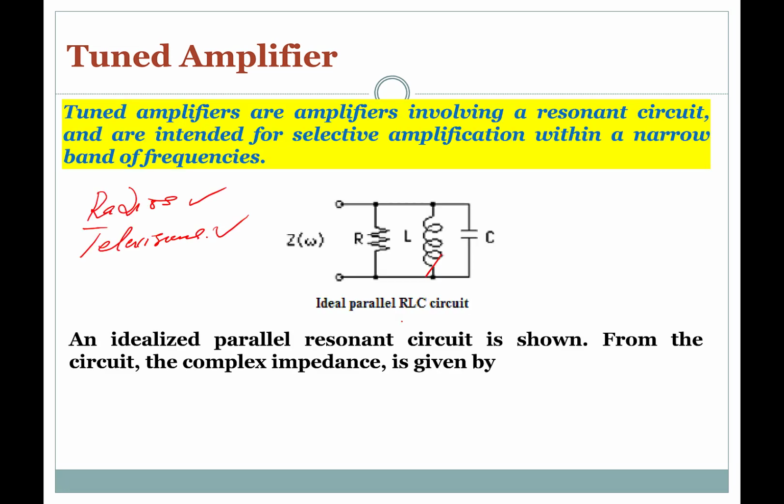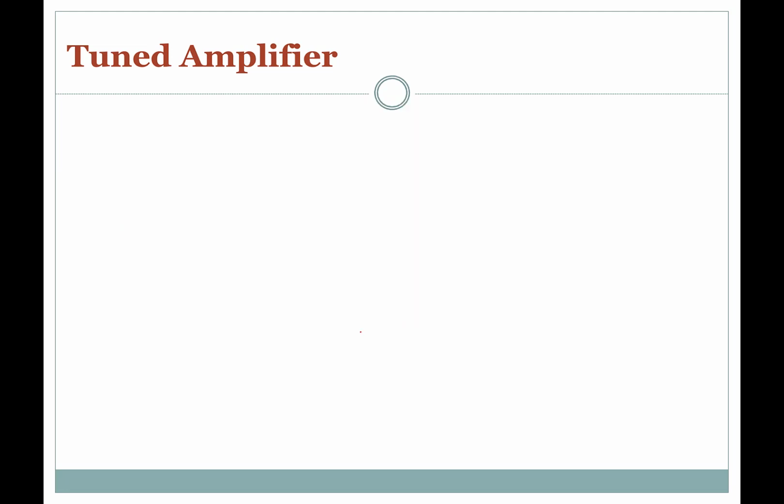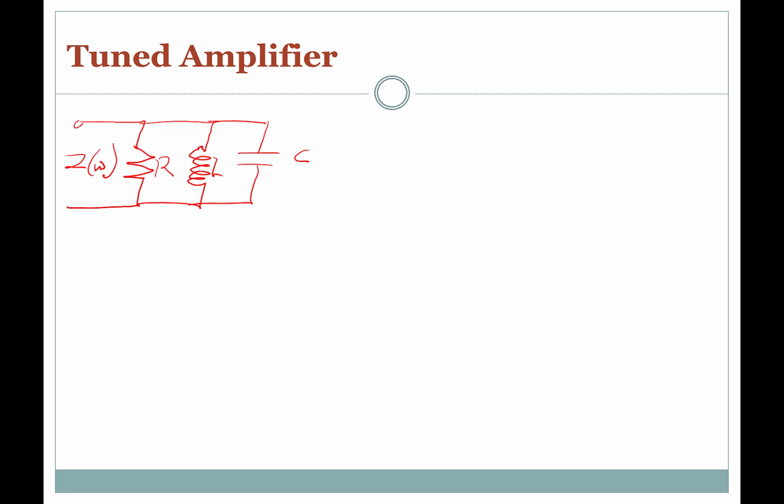Let me redraw the circuit here for the purposes of our analysis. So this is a capacitor, this is an inductor, and this is a resistor. So we have an impedance here.